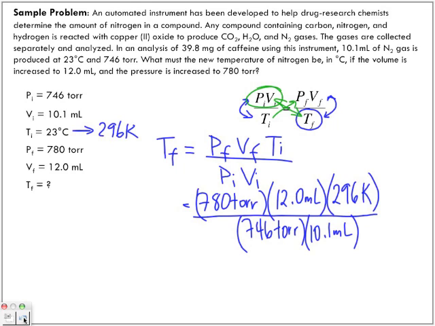Milliliters cancel out, torr cancel out, and our final answer will be in Kelvin.